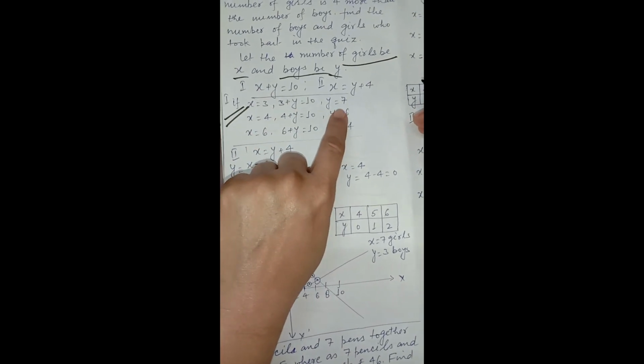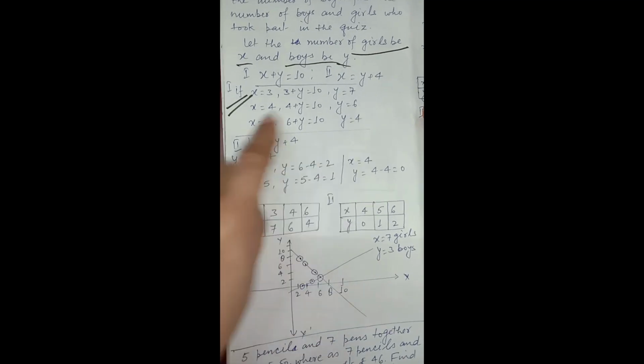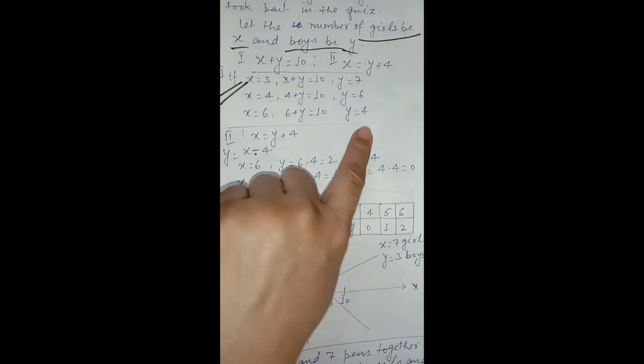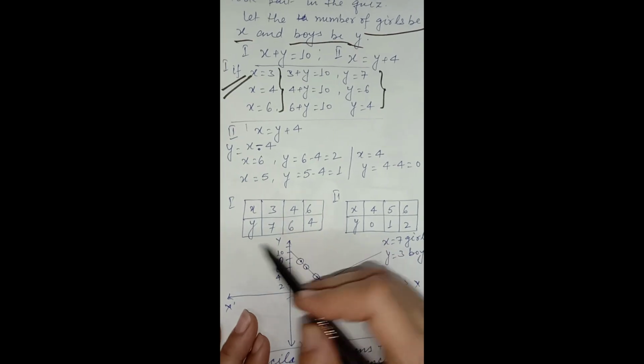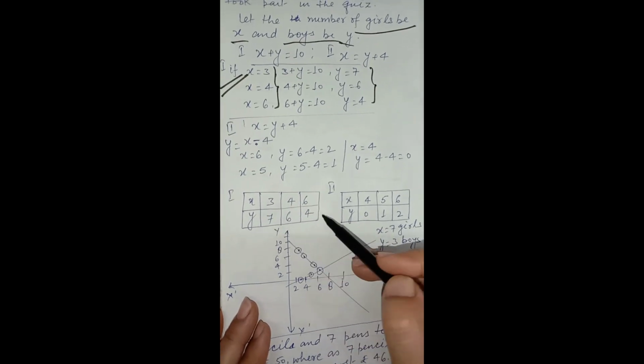This will give you the value of y as 7. If x is 4, 4 plus y is 10, y equals to 6. If x is 6, 6 plus y equals to 10, y equals to 4. So we have got these three values of x and y. We'll write it in a table. We'll form a table and we'll write them in the table. X, y, the values of x and the values of y.